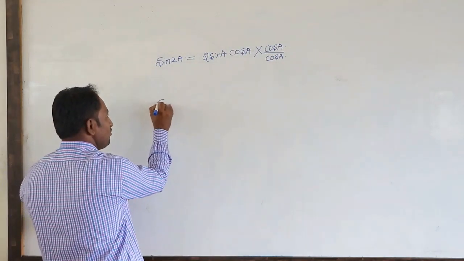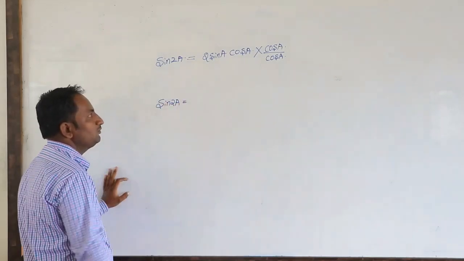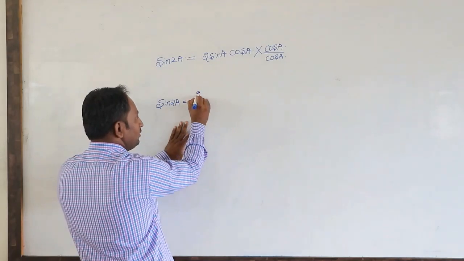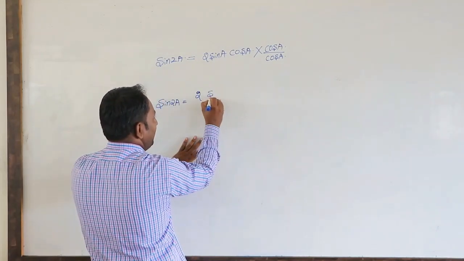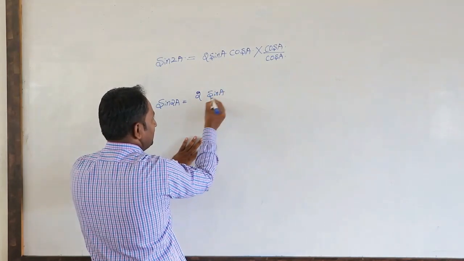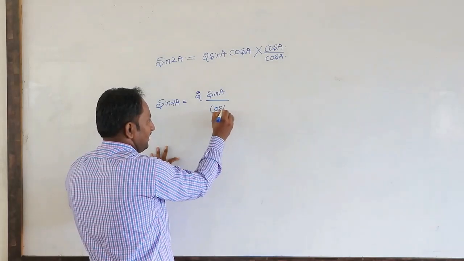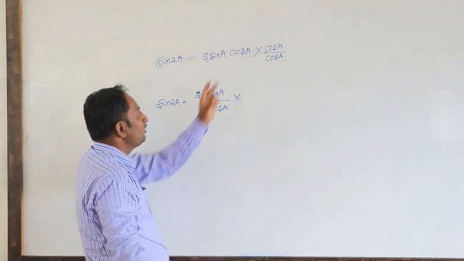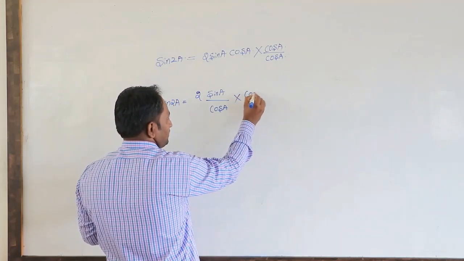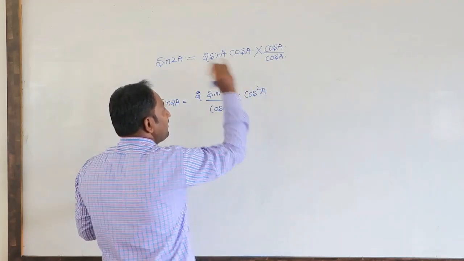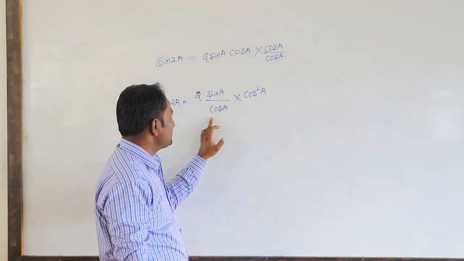Then sin of 2a is equal to 2 into sin a divided by cos a, into cos a value, cos square a, because sin divided by cos is expressed as tan.